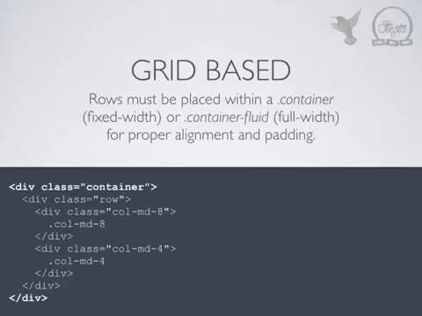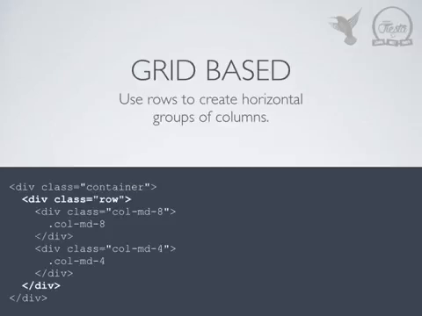So it's going to take all the space available from left to right, and separate this space into 12 equal columns. The next thing which is important in grids is related to the Bootstrap library. You may find other grid frameworks out there which probably work a bit differently, but I do like how Bootstrap works. The next thing that you need to create is a row.